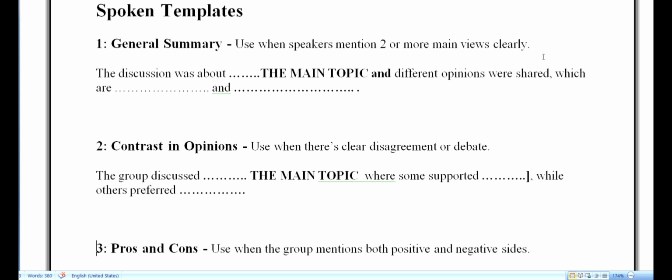They are just representing the views very clearly. In that context, you say: The discussion was about, you come up with the name of the topic, and different opinions were shared, past tense again, which are so and so and so and so. Completed.